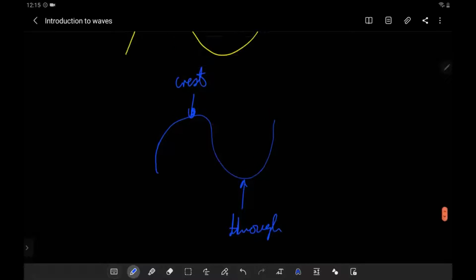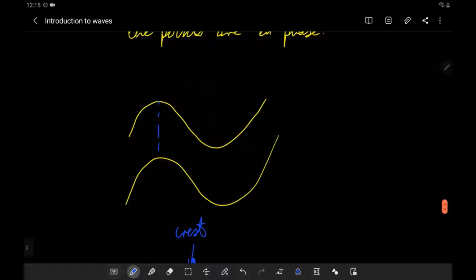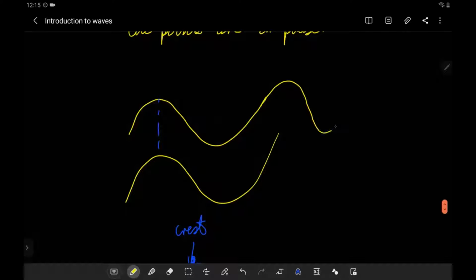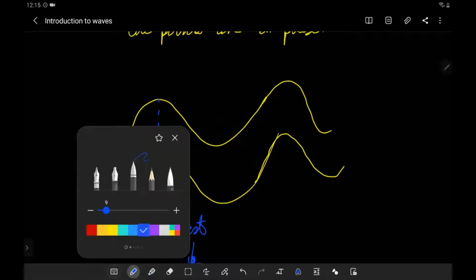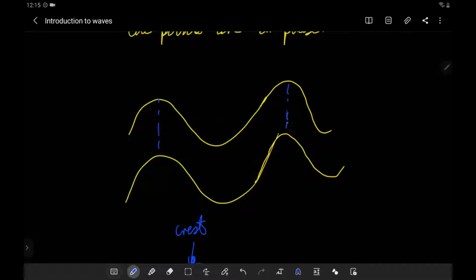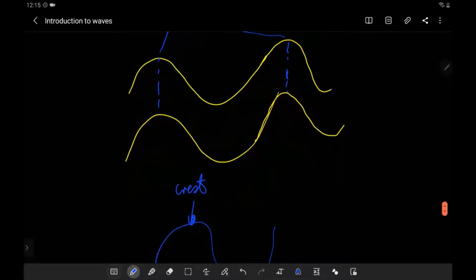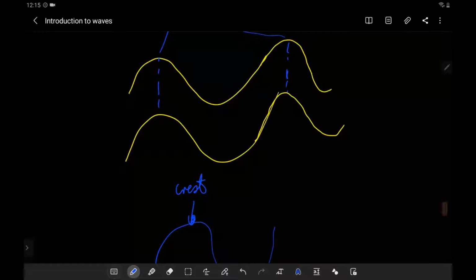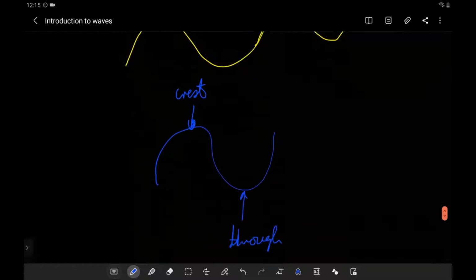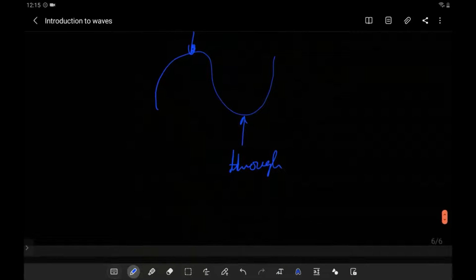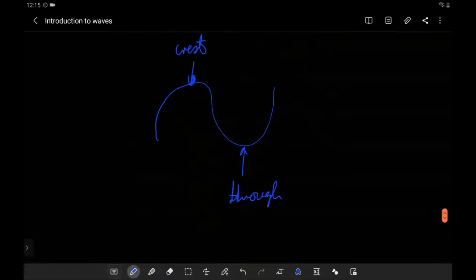It's called the trough. So we take it for the crest. If I was to continue this wave, the next wavefront would be right here. So these are wavefronts. And for the longitudinal wave, this was the transverse one, and for the longitudinal one we take the compressions.